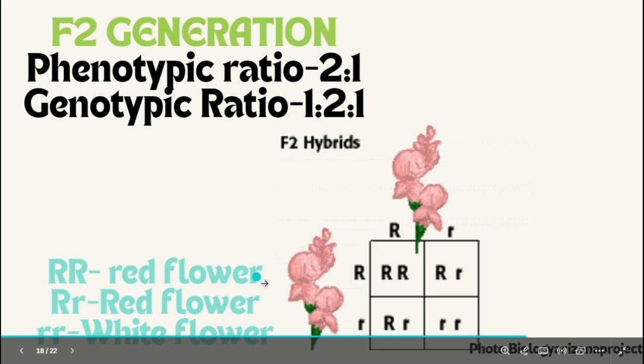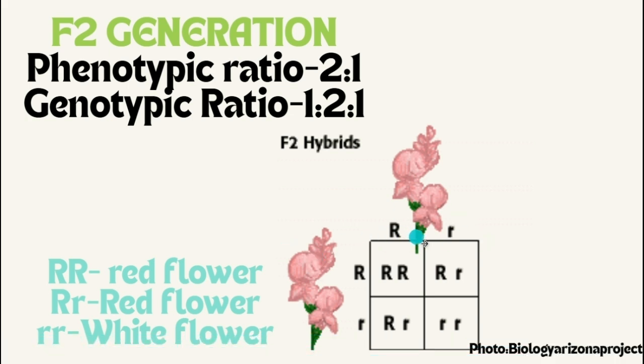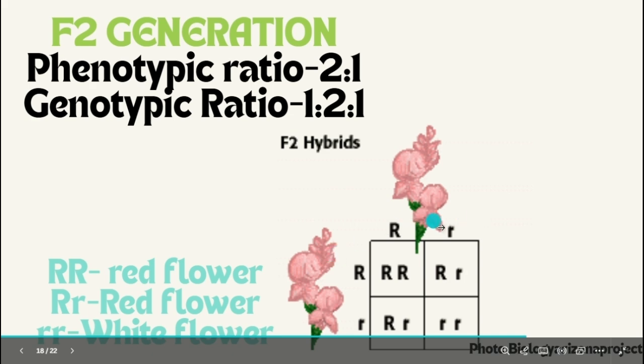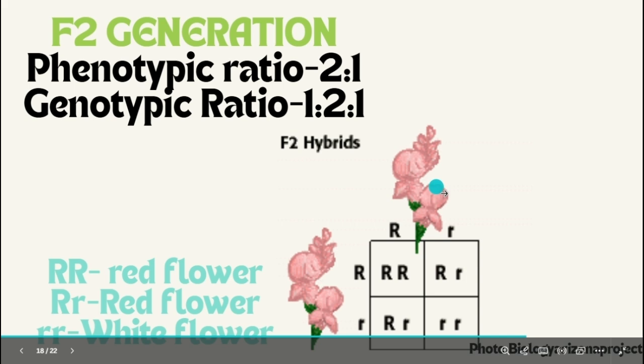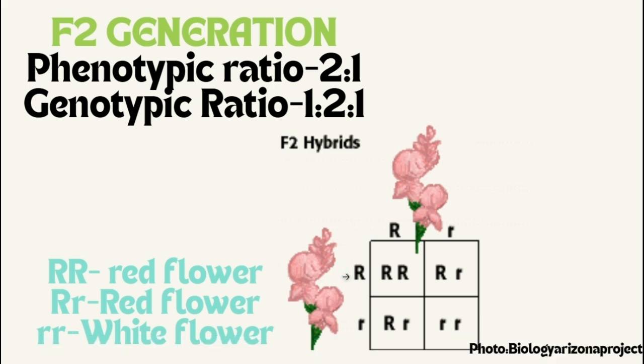Red is the dominant trait, and both these genotypes code for it. Little r is white flower, which is recessive. So we cross two heterozygous, big R little r and big R little r. That means we're crossing two red flowers, two parents that both look red.